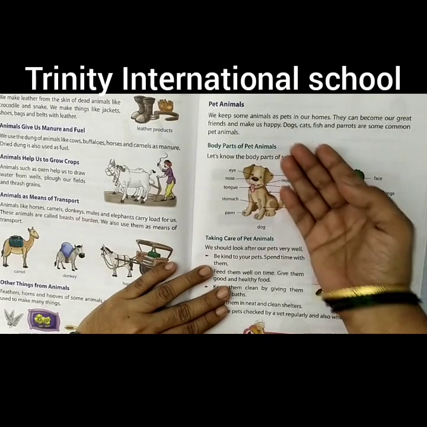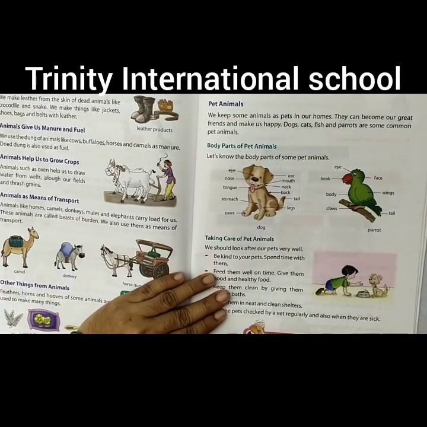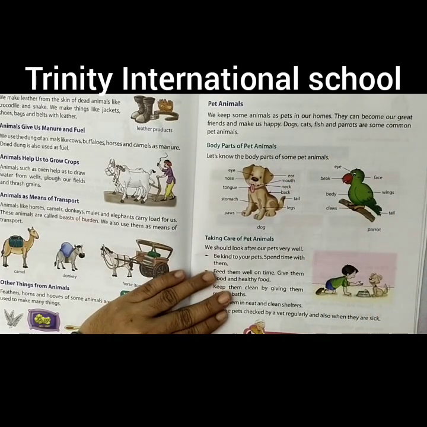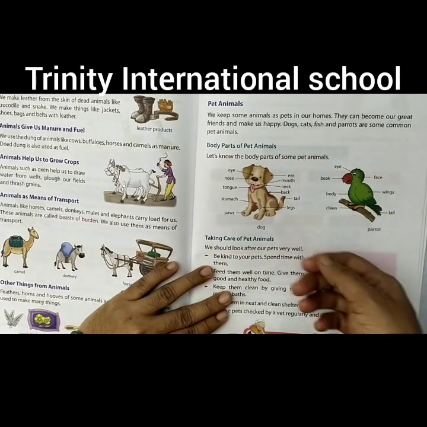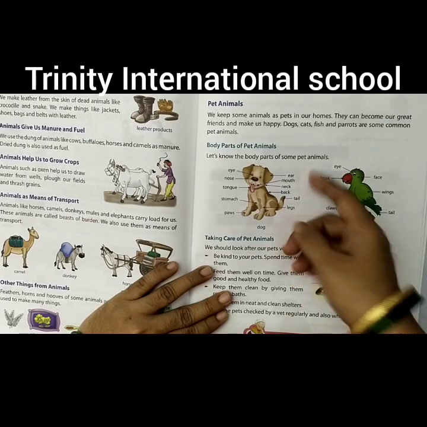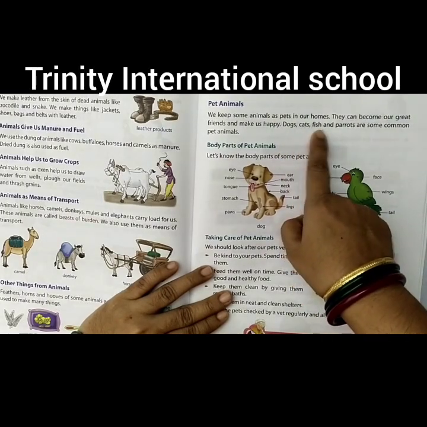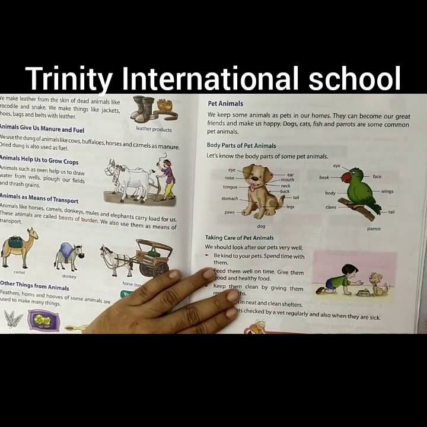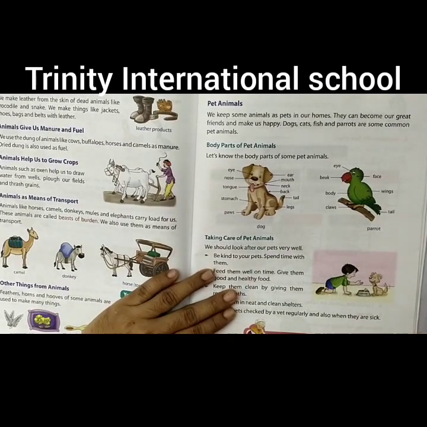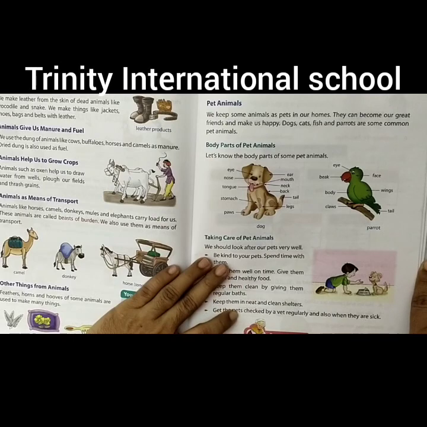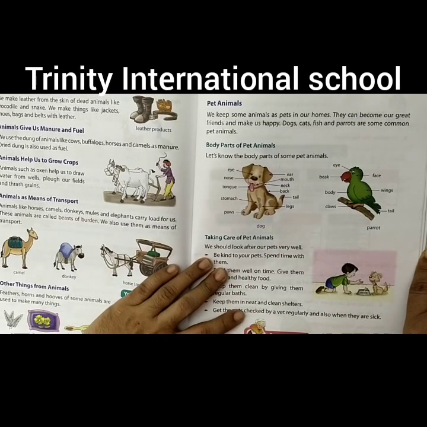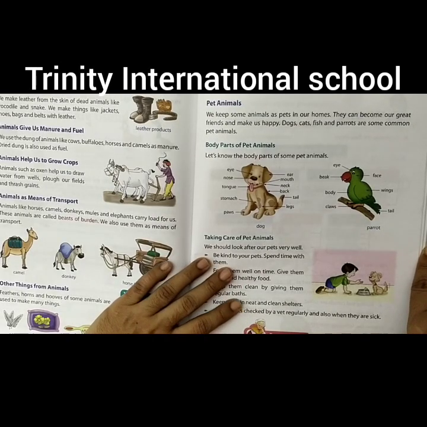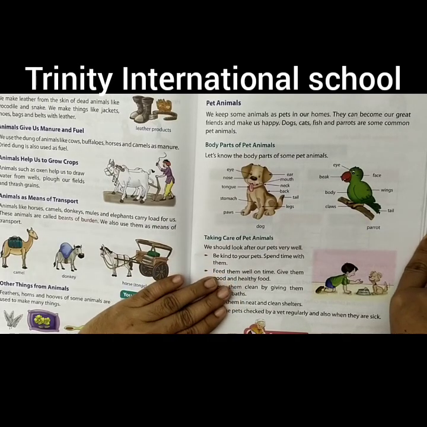So you know that dog, cat, fish and parrots are usually kept as pets in your home. तो ज़्यादातर आप देख सकते हो कि dogs, cats, parrots और fish, ये 4 चीज़ें ही हम usually as a pet animal हमारे घर पर रखते हैं. और क्यों रखते हैं? क्योंकि ये हमारे अच्छे दोस्त होते हैं और हम इनको साथ में रख के हम भी खुश रहते हैं. ठीक है.